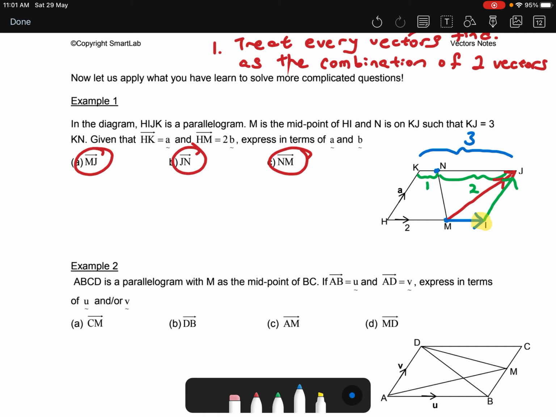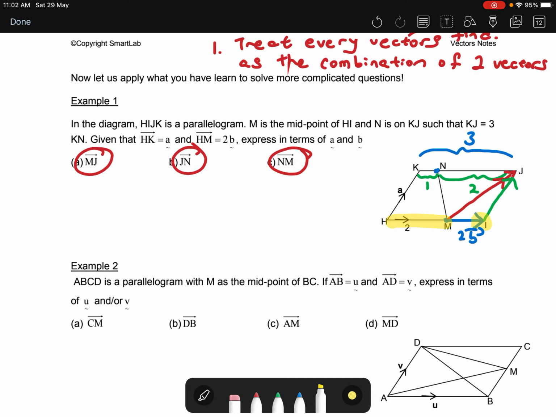The blue vector MI is 2b. Remember your parallel vectors, or equal vectors. Here HM is 2b, and since MI is the same as HM, this is also 2b.